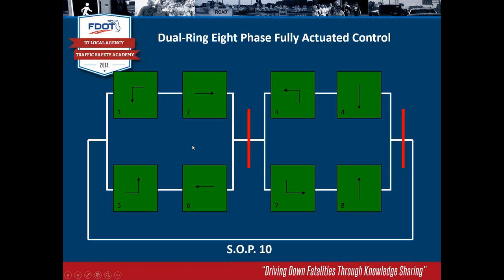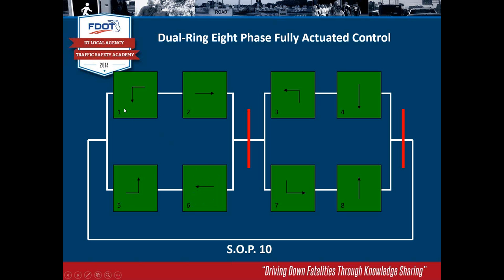And so, for instance, phase 1 can operate with either phase 5 or phase 6. Phase 1 in our situation here is the westbound left turn, and westbound left turn and eastbound left turn can operate typically together, no conflict there. Likewise, the westbound left turn can also operate with the westbound through.